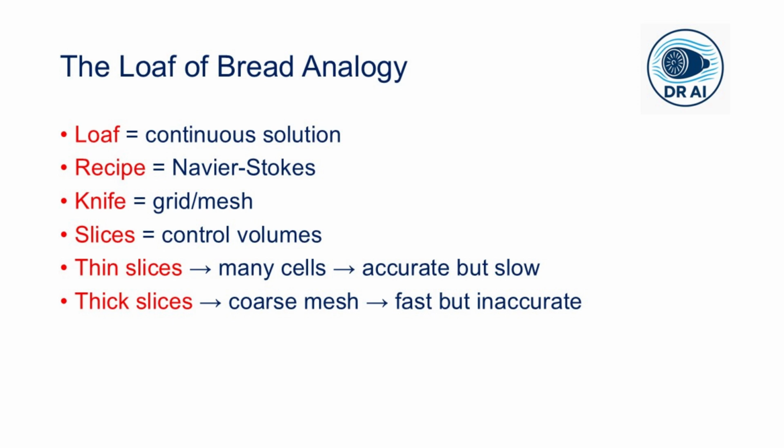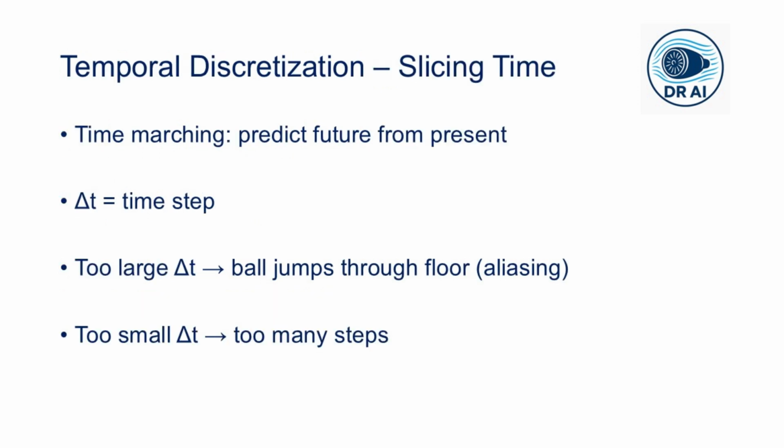But the reassembled loaf has a jagged stair-step shape, so you lost the smooth crust. In CFD, thin slices mean a fine mesh, high accuracy, long computation time. On the other hand, thick slices mean a coarser mesh, low accuracy, and faster computation. So your job is to choose the slice thickness that is just enough to capture the physics you care about.